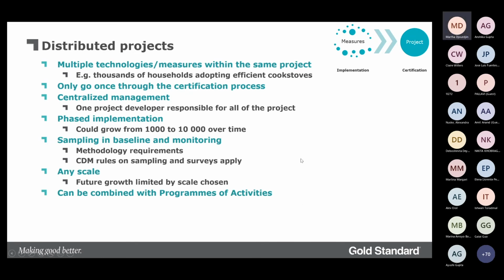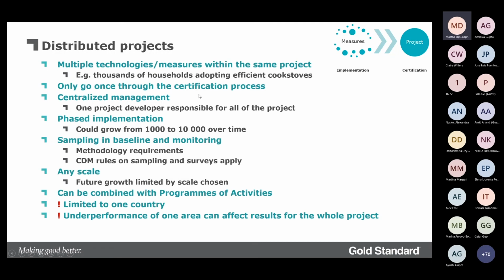Please note that this can be also combined not only with microscale, but also with programs of activities. You can have a program of activities of distributed projects, and we'll see what programs of activities are in a second. What is important to note in this way of simplifying is that this is limited to one country only. You cannot have a distributed project that spans more than one country.